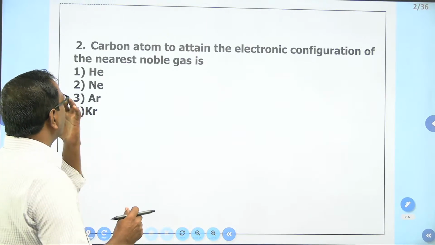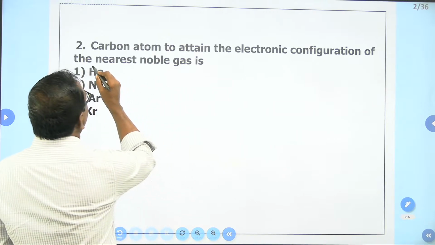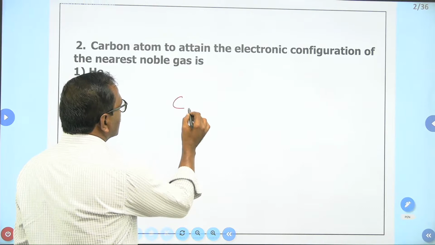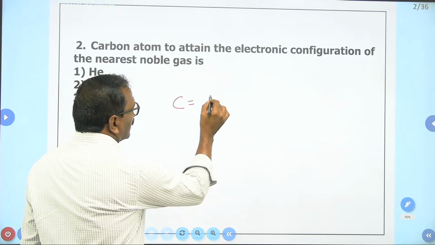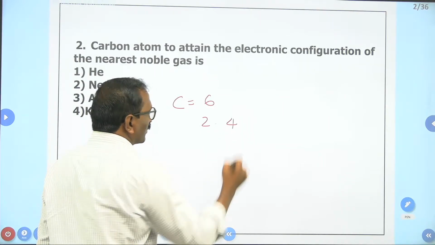Question number 2. A carbon atom, to attain the electronic configuration of the nearest noble gas, is. Consider now this is carbon, atomic number is 6, the electronic configuration 2 and 4.